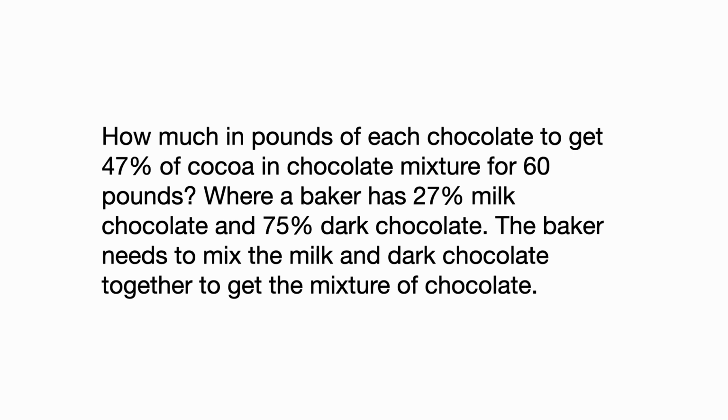In the final sentence, the baker needs to mix the milk and dark chocolate together to get a mixture of chocolate. This reinforces the problem where we want to find the pounds of milk chocolate and dark chocolate the baker needs to make the mixture. We should have enough information to solve this mixture word problem.